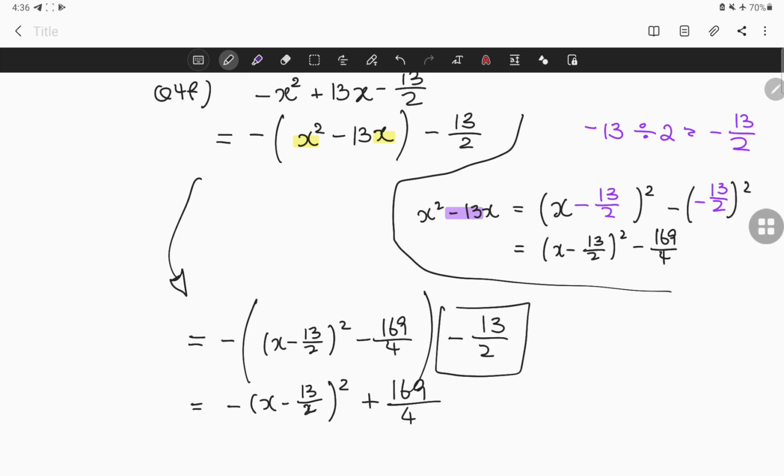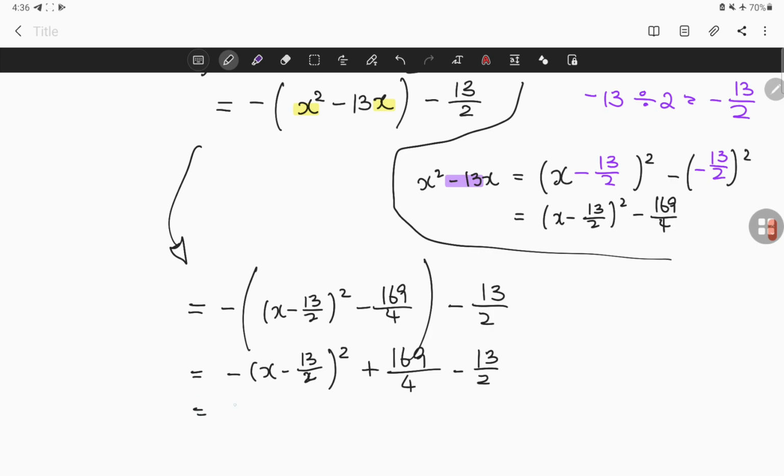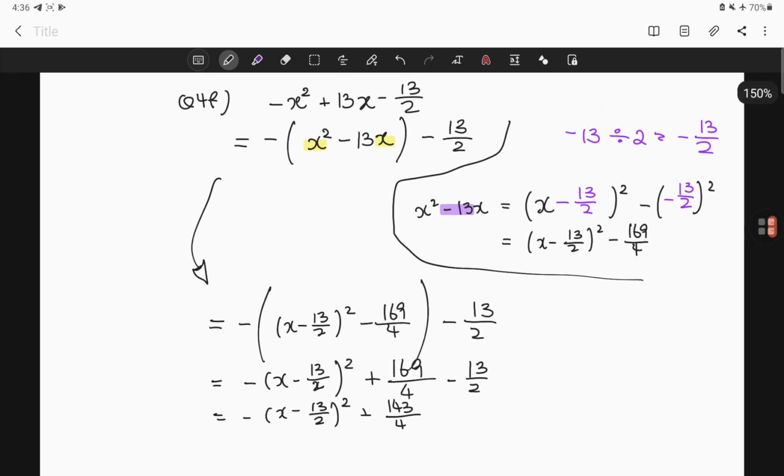And don't forget about this minus 13 over 2, and then this would give me negative x minus 13 over 2, whole thing squared, plus 143 divided by 4, or you can leave it in its decimal form, which is 35.75 as well. So here is the solution for question 4F.